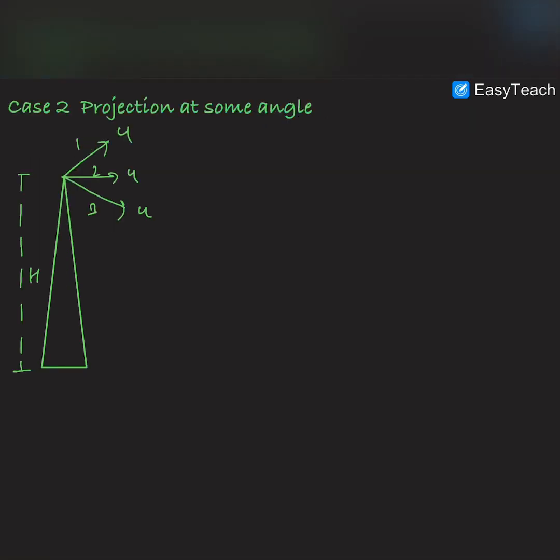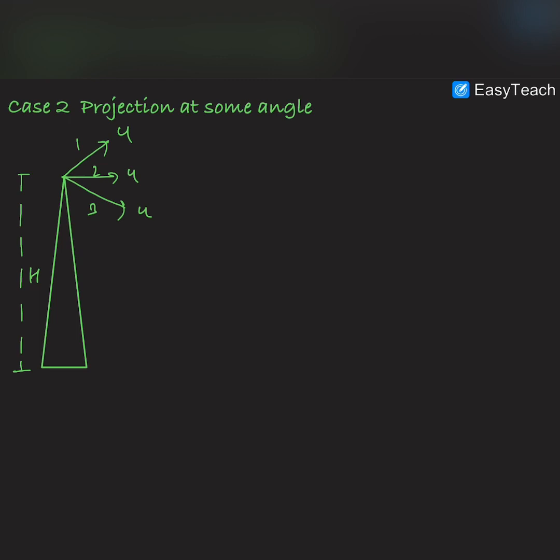Now let us discuss the second case, in which we have projected 3 different projectiles at the same time with the same speed u, but in 3 different directions.